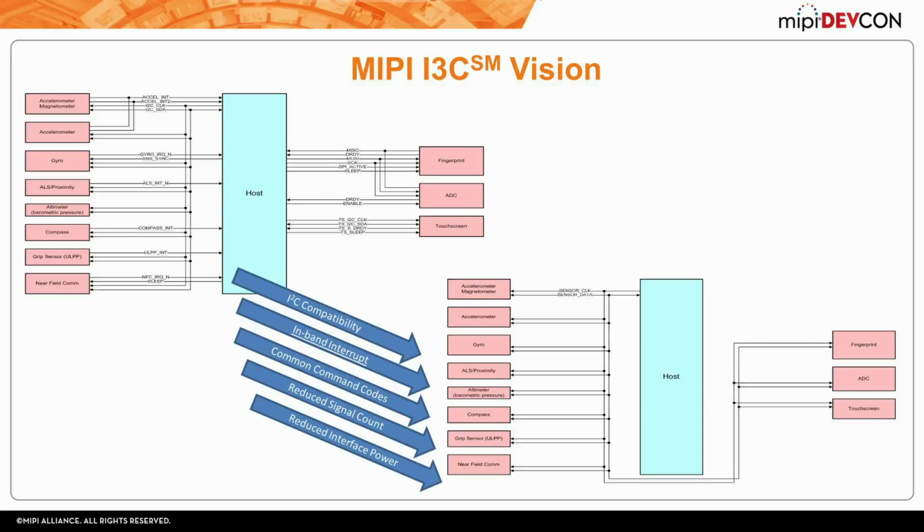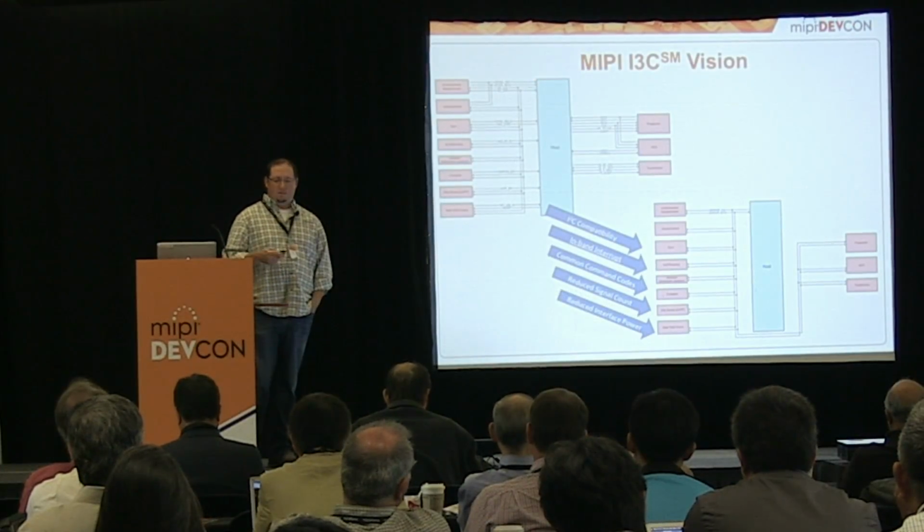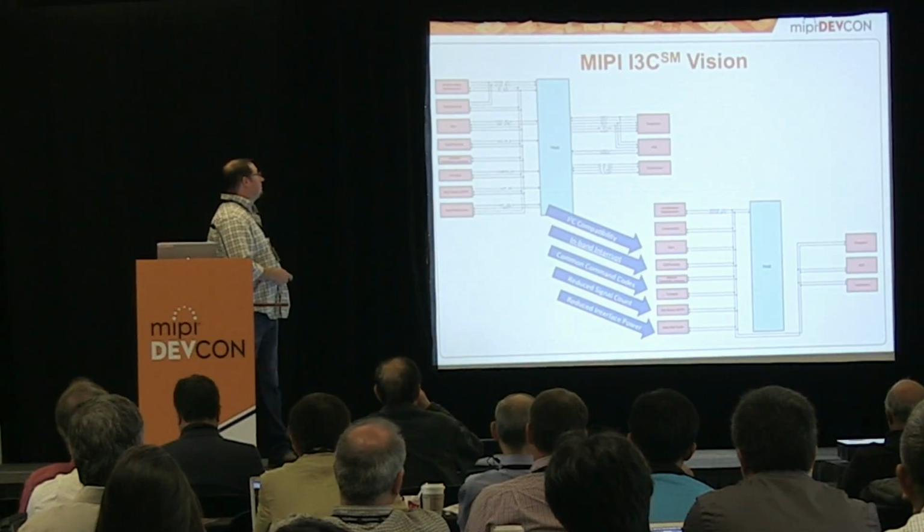We incorporated an in-band interrupt capability, an ability for these devices to interrupt the host over these 2 wires. We've standardized a set of command codes for the industry to use and reduced pin count, and as you've seen previously, we've reduced power as well.